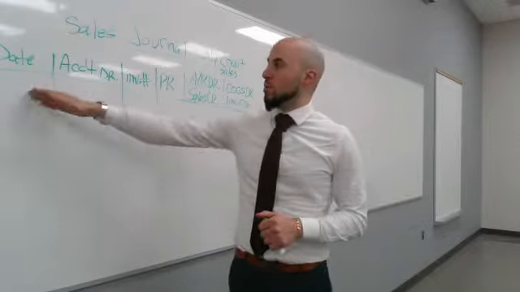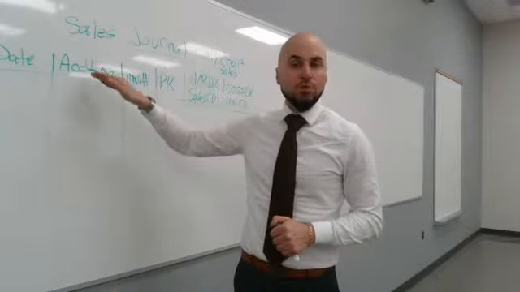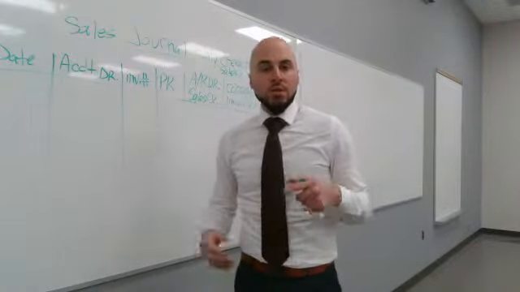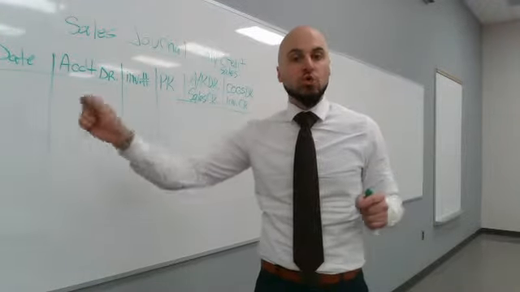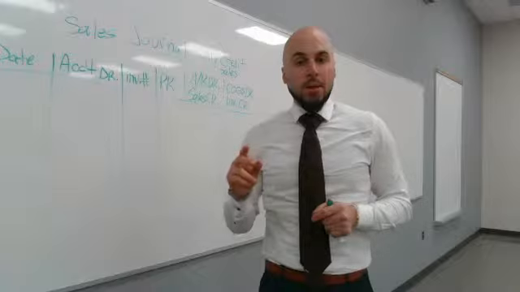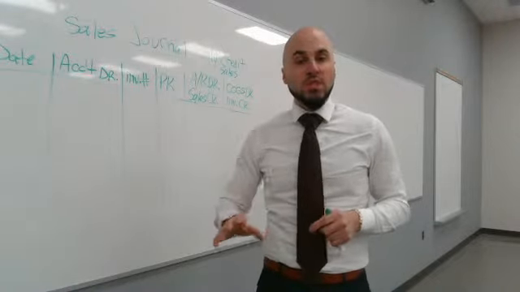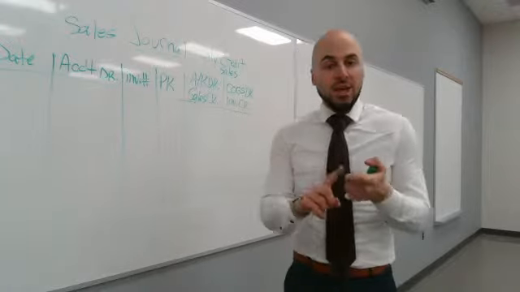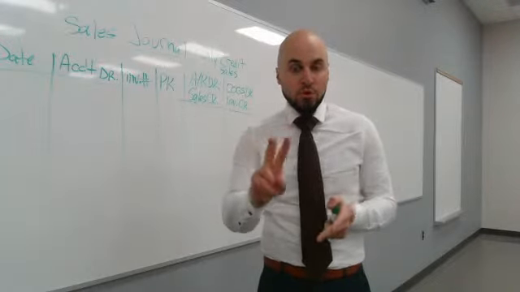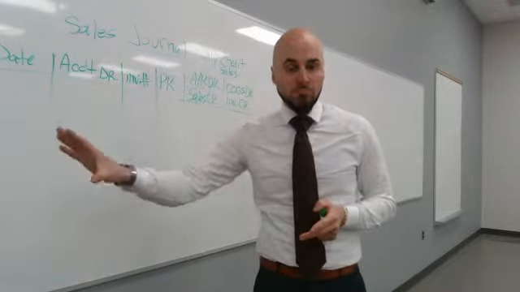So each of them. Date, we know what that is. Accounts, account to debit. This is the point where we talk about subsidiary accounts. Subsidiary versus controlling accounts. The two controlling accounts that we are dealing with in the special journals conversation are accounts receivable and accounts payable. Those are the two controlling accounts.